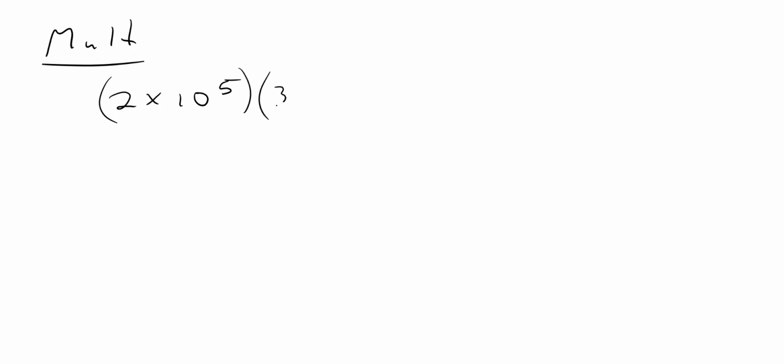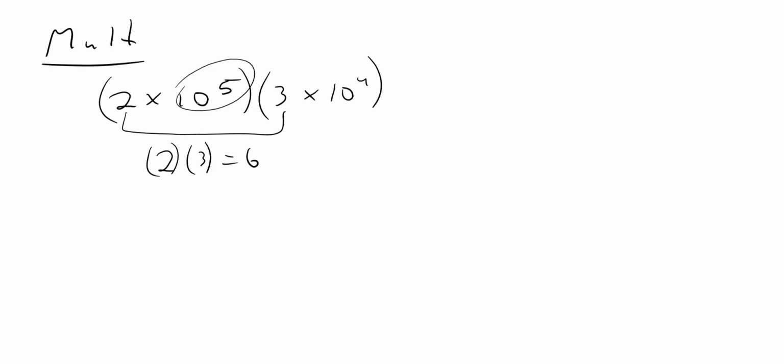Let's talk a little bit about multiplying now. We're going to do multiplying and dividing. So multiplying. If I give you guys 2 times 10 to the 5th power times 3 times 10 to the 4th power. Well, here's what we're doing, math fans. You're taking the 2 and the 3 and multiplying together. So 2 times 3 is 6. And you're really taking the 10 to the 5th and the 10 to the 4th, multiplying together.